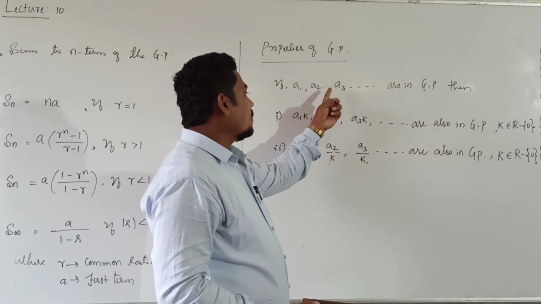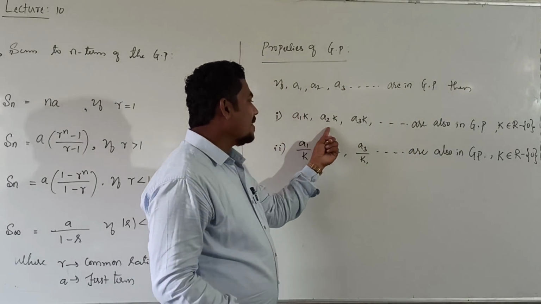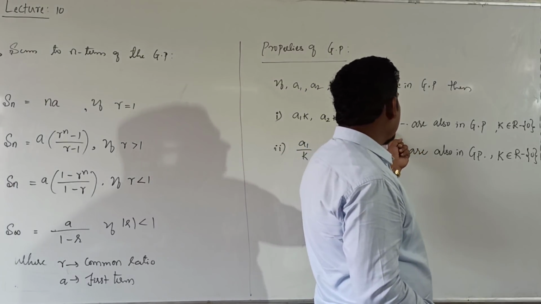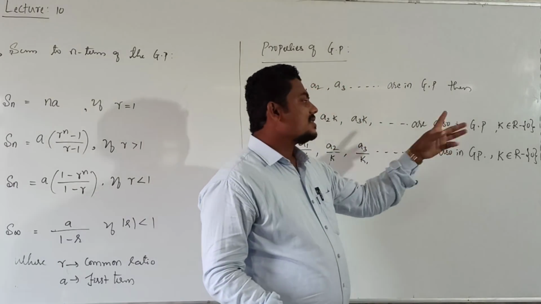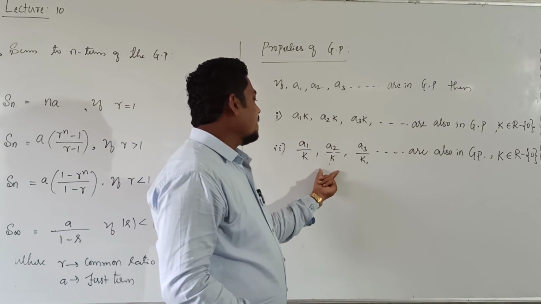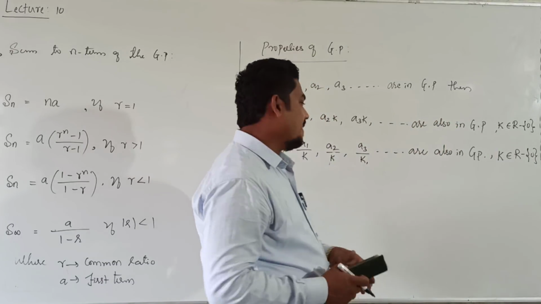If A1, A2, A3 and so on are in GP, then A1 into K, A2 into K, A3 into K, A4 into K and so on are also in GP. Similarly, A1 by K, A2 by K, A3 by K and so on are also in GP.